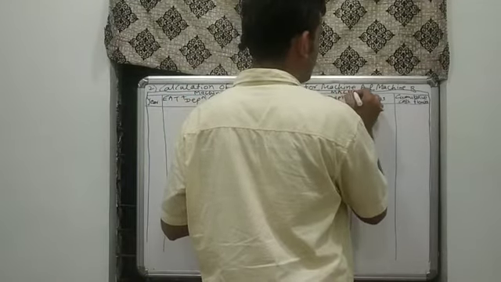Then the second year is 5,375 plus 11,225. So our cash inflow would be 16,600.